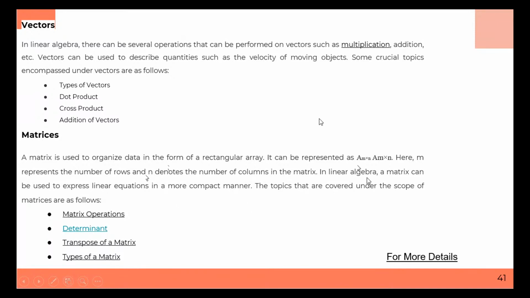In linear algebra, a matrix can be used to express linear equations in a more compact manner. That's what tensors are also saying. Linear equations could be transformed into matrices, and they can be the compact form of any equation. And those equations could be solved with the help of determinants. So all of them are linked together.